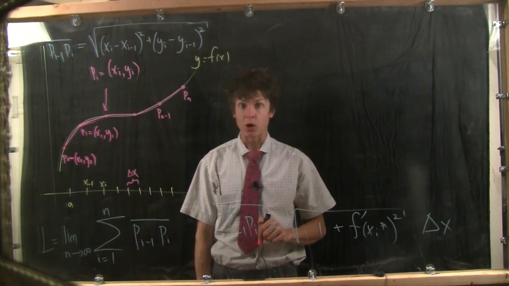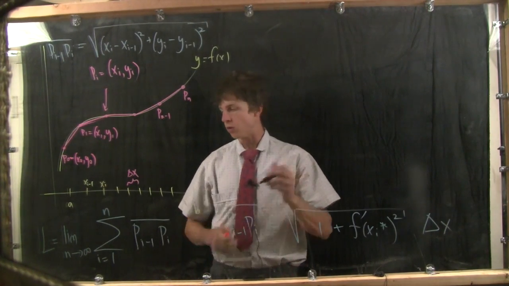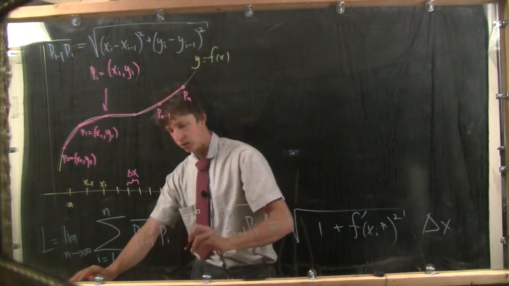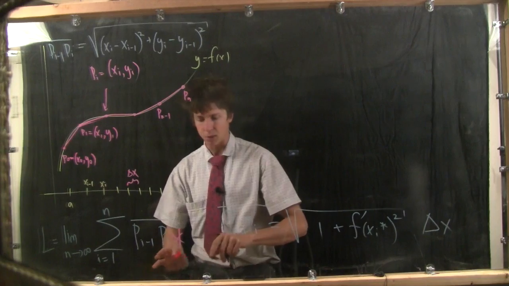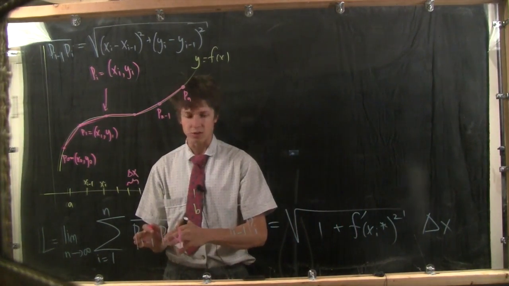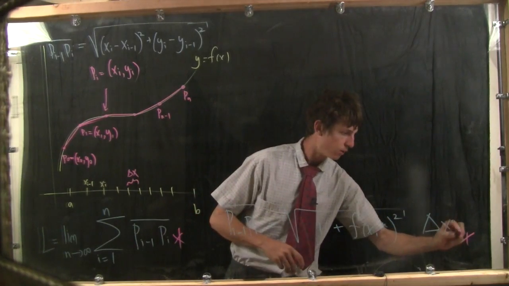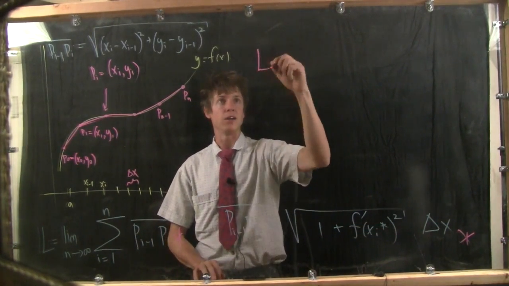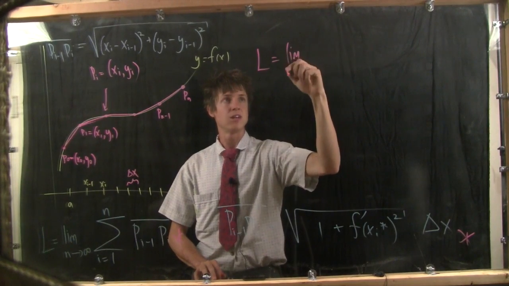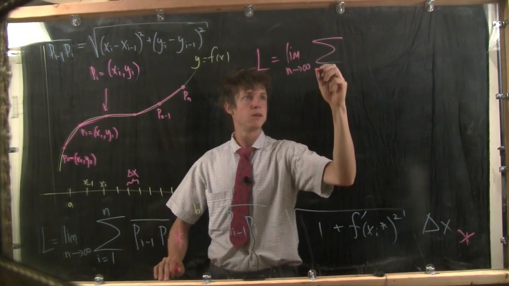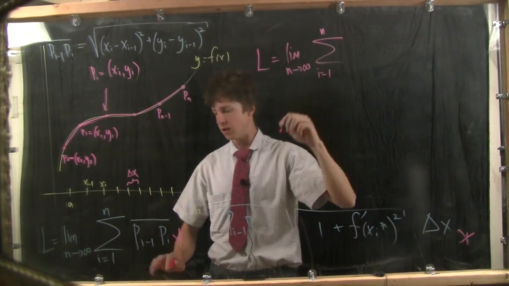Okay, so we're almost there. We almost have our formula. So I'm just going to take this expression that we found for L earlier, this thing right here, and I'm going to combine it with our formula for the length of this line segment, which we have right here. So when I put this together with this, the formula for L is a limit as n goes to infinity of the sum, i equals 1 to n, of this.